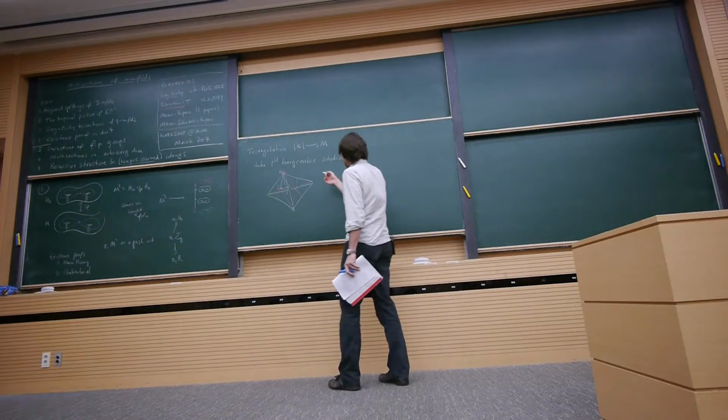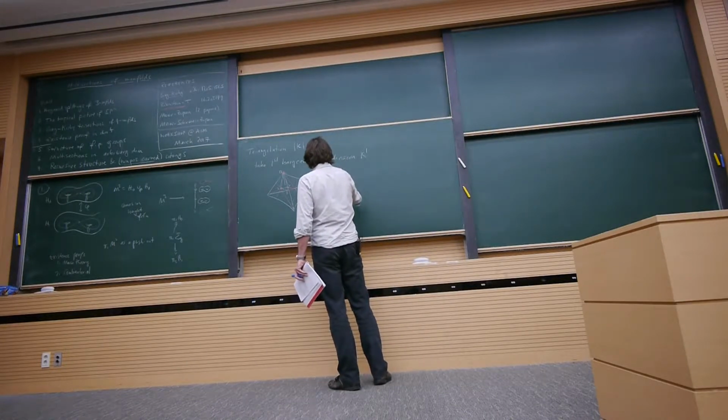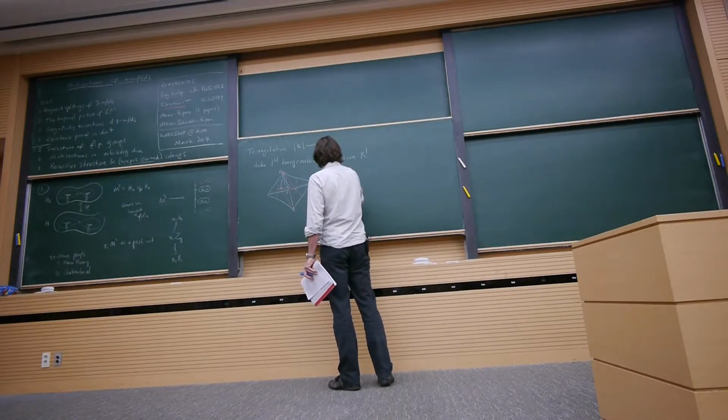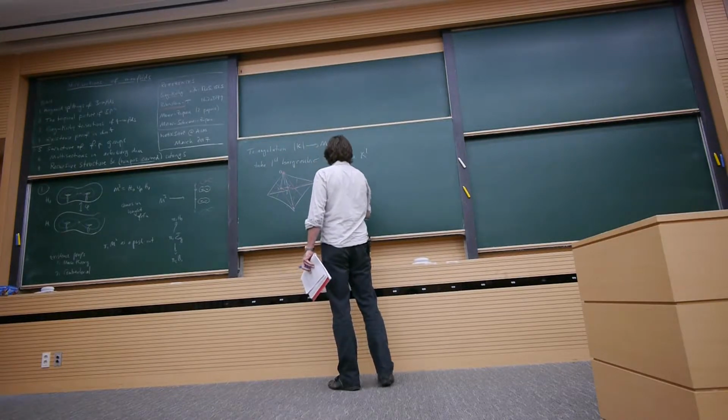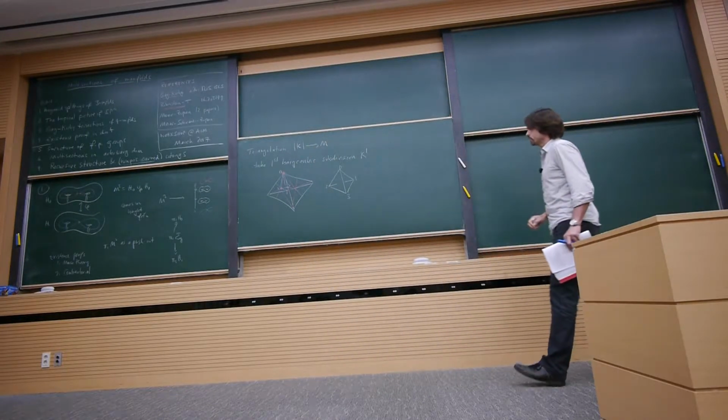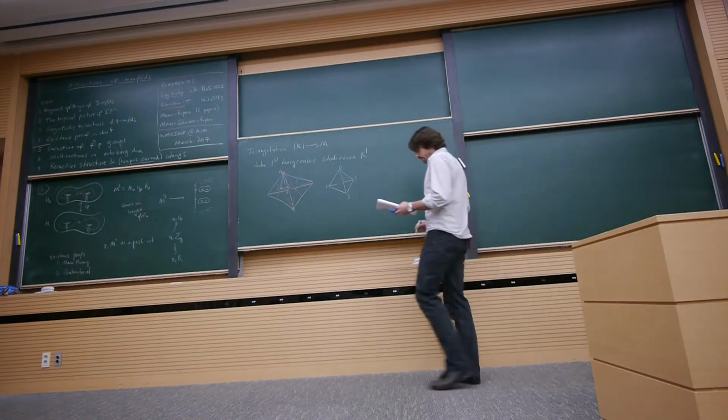Here are my labels 0, 2, 1, and 3, depending on what skeleton they come from.